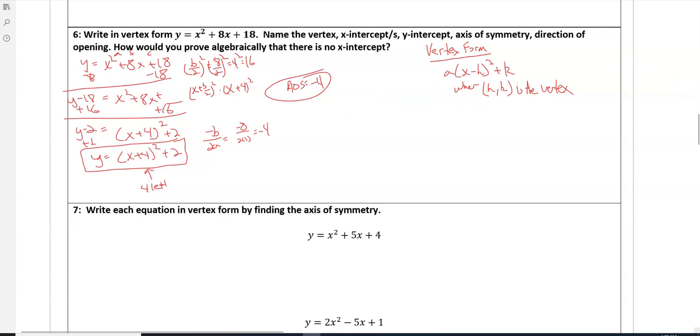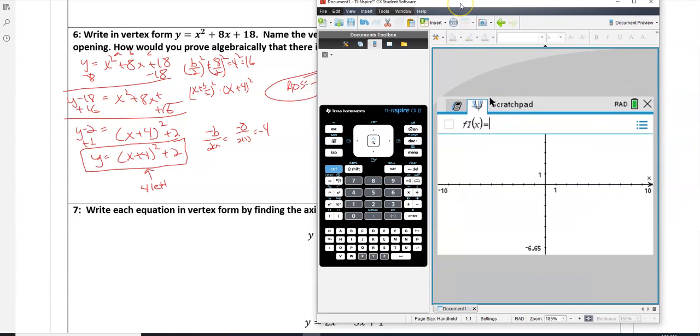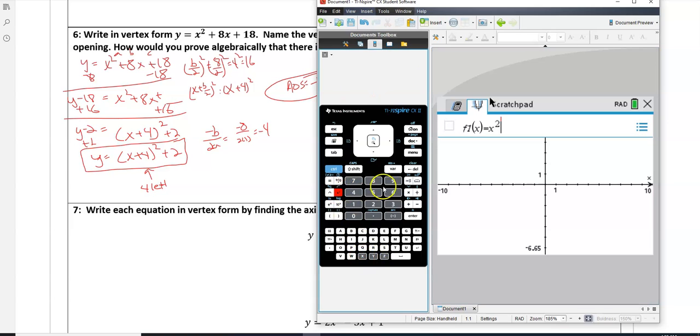And then let's go ahead and graph this thing. I can show you. Even though they really want you to do it by hand, you can prove that I'm correct on this. It's going to be x squared plus 8x plus 18. And you can see the vertex is at negative 4, 2, right?